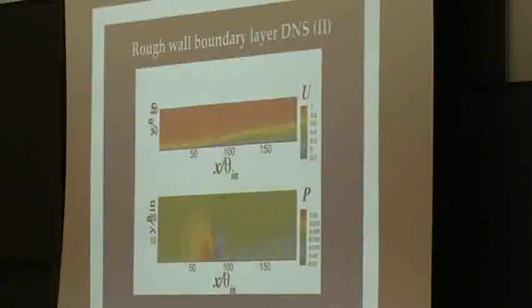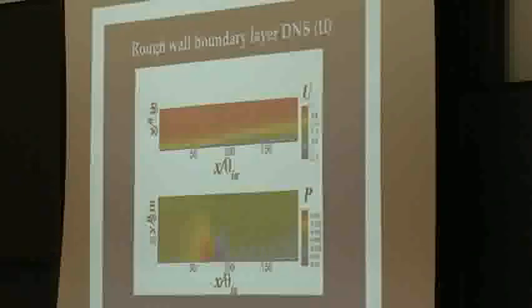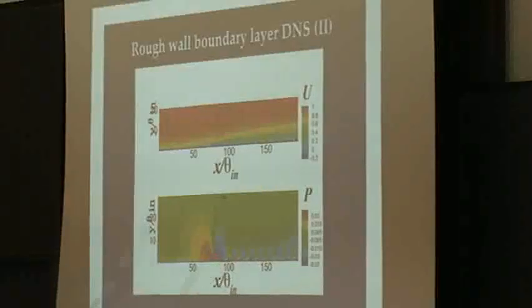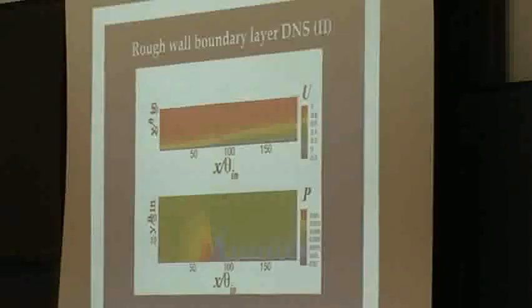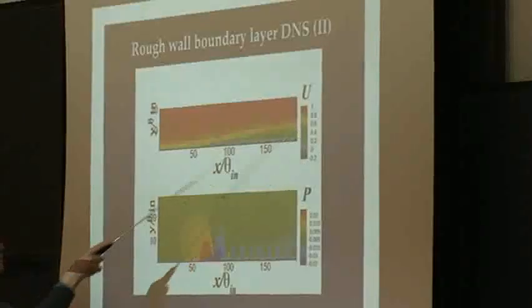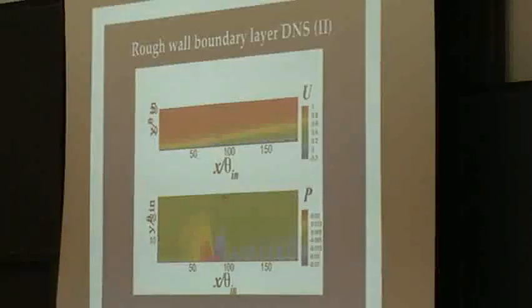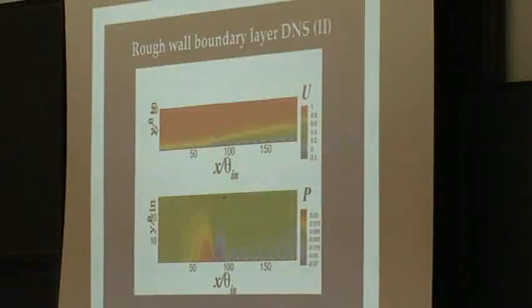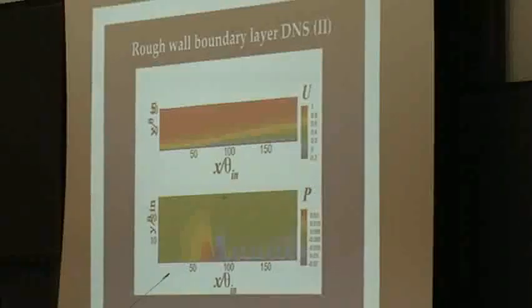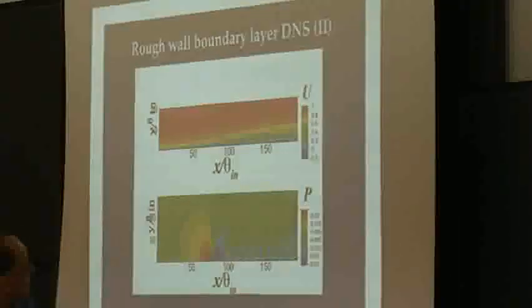Initially you get a large disturbance, a big perturbation to the flow, and then you start to get more regular patterns. And this computation of the domain, it extends much further downstream these days. But you see there's an inner layer which seems to grow from the roughness elements.